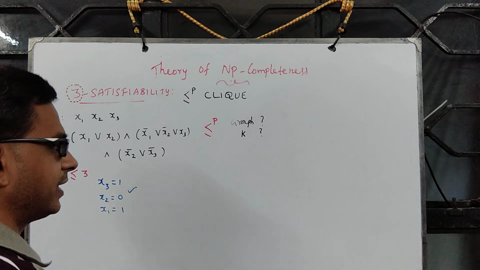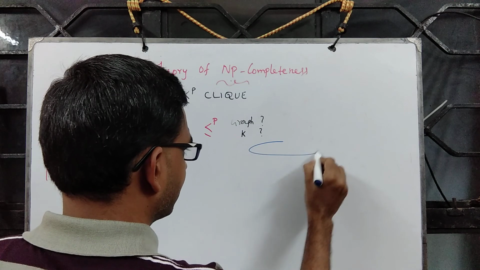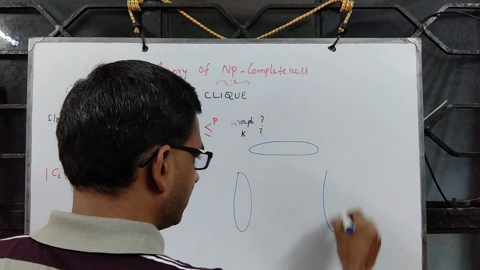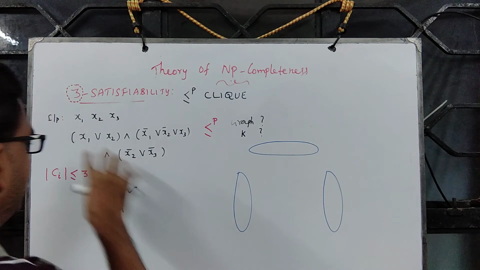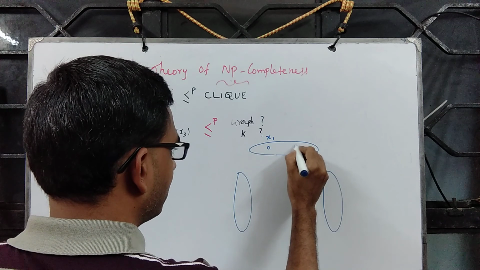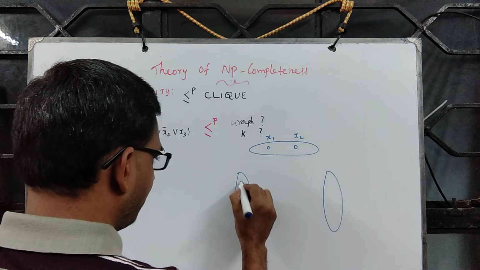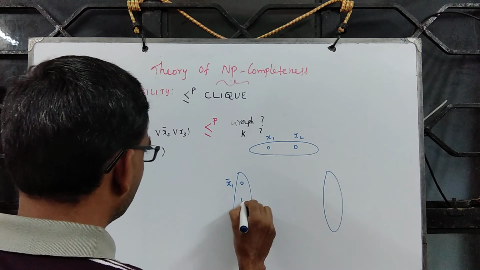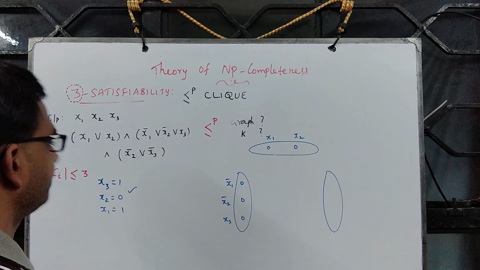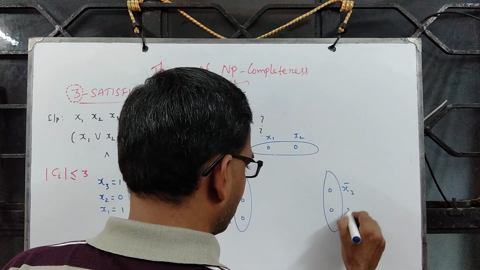Now, how do we construct a graph out of this? Our graph is like this. I will have 3 partitions. In the first one, you will have x1, x2. In this one, we will have x1 bar, x2 bar, x3, and in this we will have x2 bar and x3 bar.